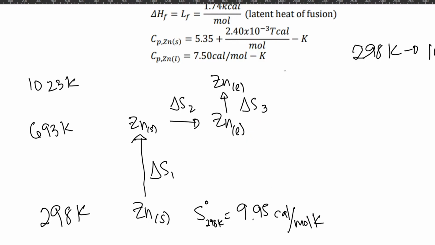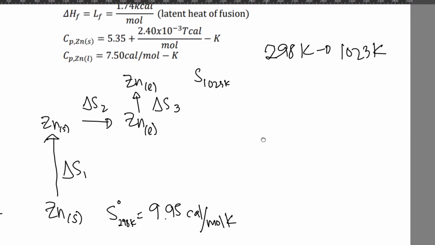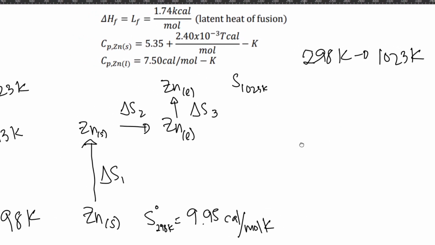So, what we are looking for in the problem is the standard entropy of zinc at 1023 Kelvin. Using the properties of state functions, it doesn't matter what process we take; only the initial and final states matter.